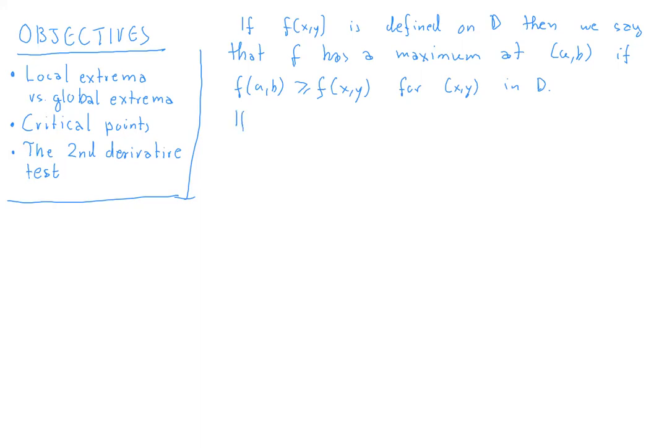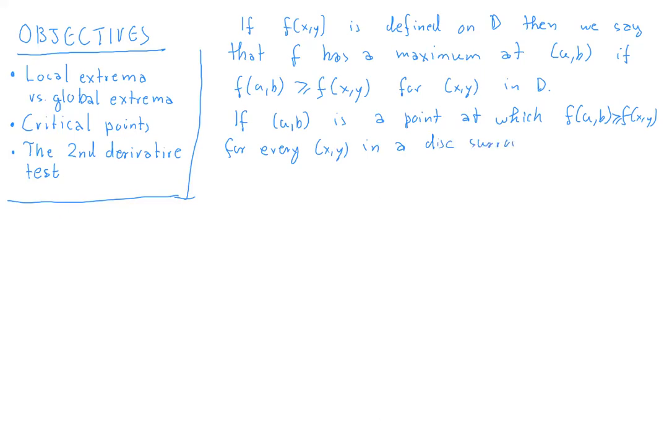So if AB is a point at which f of AB is greater than f of xy for every xy in a disk surrounding AB and presumably in D, then we say that f has a local maximum.